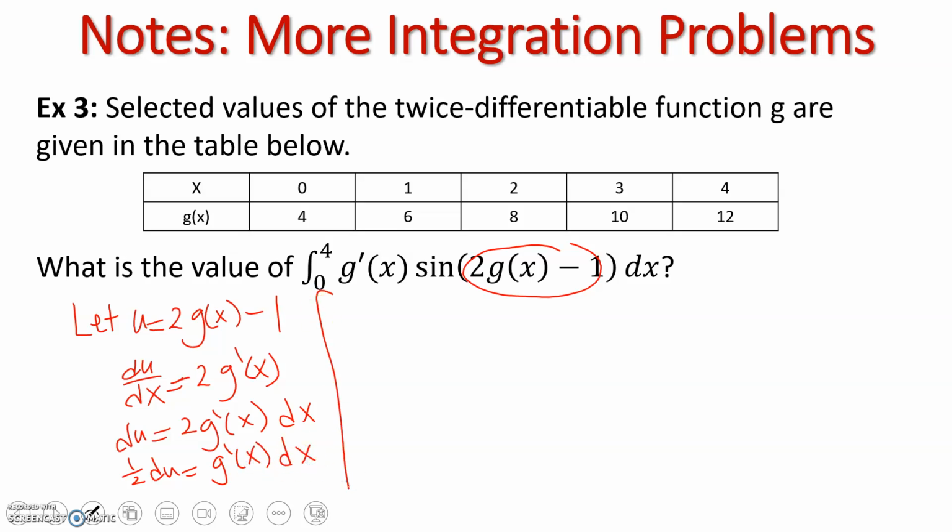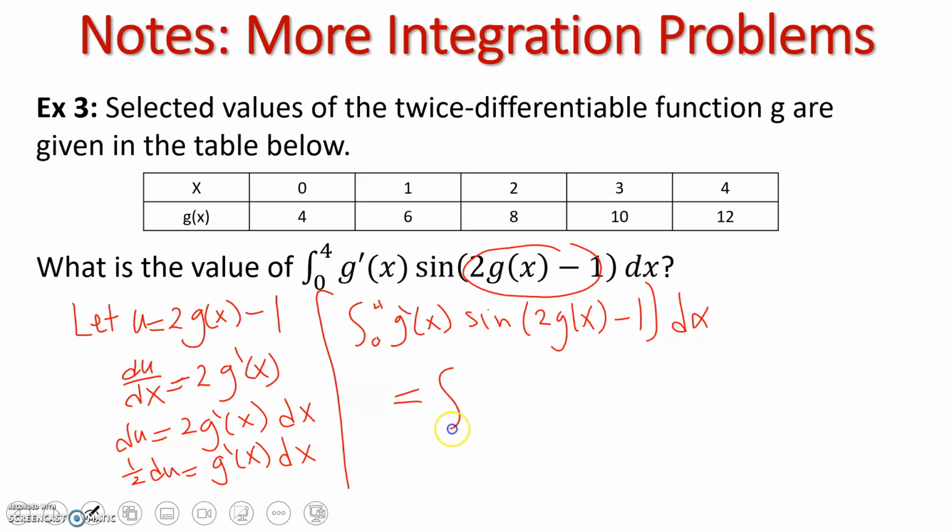Now using that, we're going to get the integral from 0 to 4 of g prime of x sine of 2g of x minus 1 dx is equal to, and now note the g prime of x dx becomes 1 half du, and the sine of 2g of x minus 1 becomes sine of u.